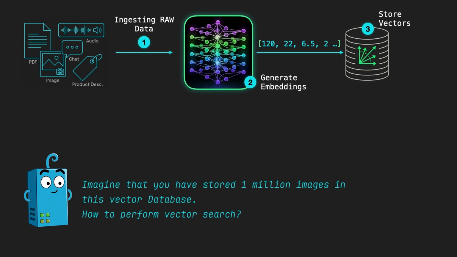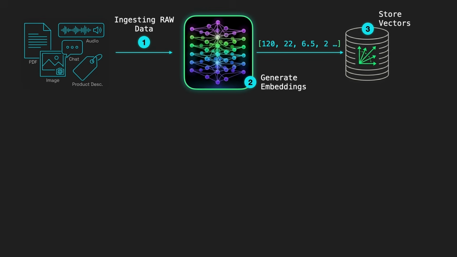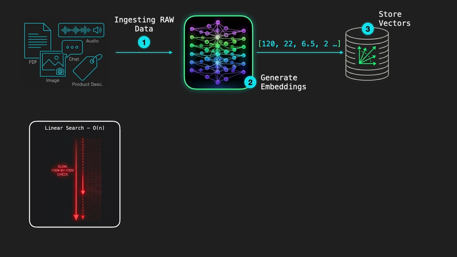To find the most similar images to a query image, you would have to search through all 1 million images, and that would be a very slow operation with a complexity of O(n), because it's just a linear search. So to make search faster, the vector database under the hood performs vector indexing. And this is where the actual magic happens.